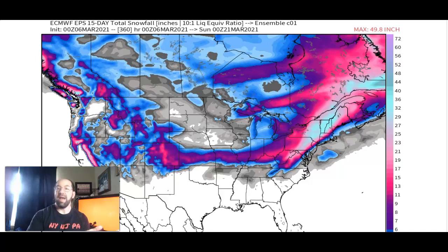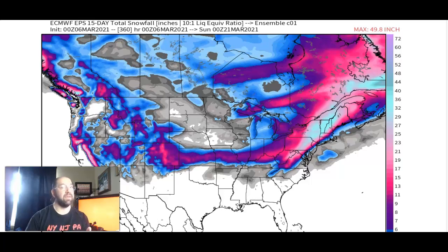Then you can say, okay, the potential for accumulating snowfall is high. And by taking that data, you could tell your client, hey, look, you should be prepared for an active winter pattern. I don't know how much, but it looks like an active winter pattern.